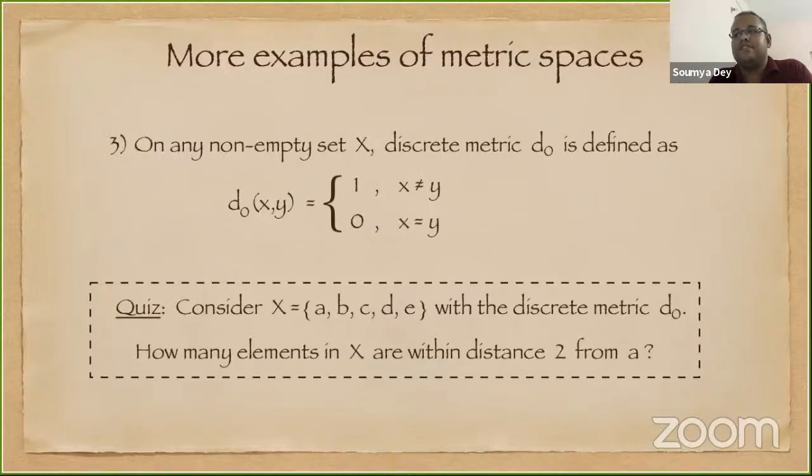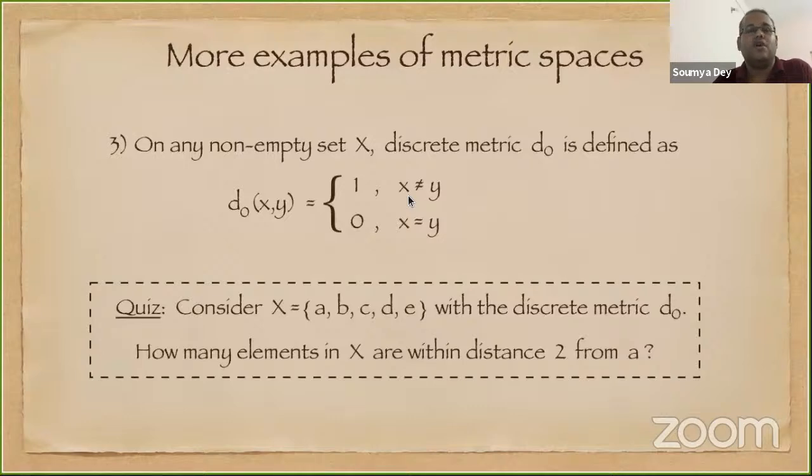So this is another type of metric which can be defined on any set, any non-empty set X. You can define what is called a discrete metric. Okay, we are calling it D0. So how is it defined? You take x and y in your set, any set X, and you say D0(x,y) is equal to 1 if x and y are not equal.